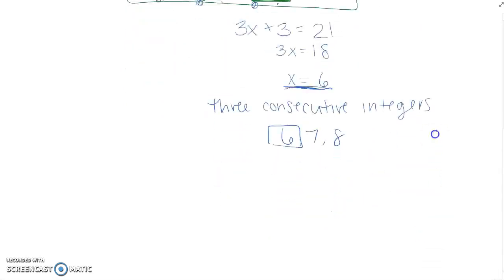Okay, so in our notes, we did a problem that's a little bit more difficult. We had a problem that was similar to this one.